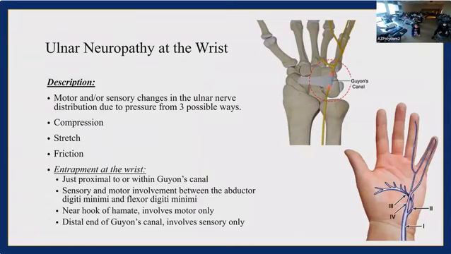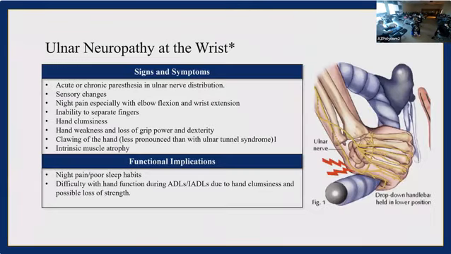The last one here, ulnar neuropathy at the wrist. This is compression of the ulnar nerve at Guyon's canal, however you would like to pronounce it. This is seen mainly in things like hook of hamate fractures. The way you fracture your hook of hamate is you land on your wrist, one.